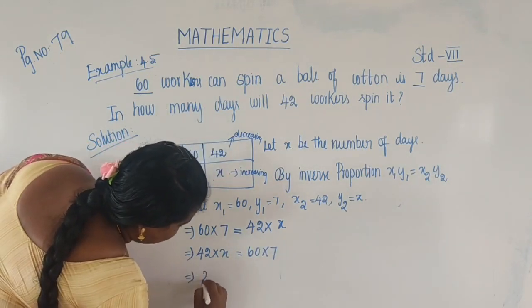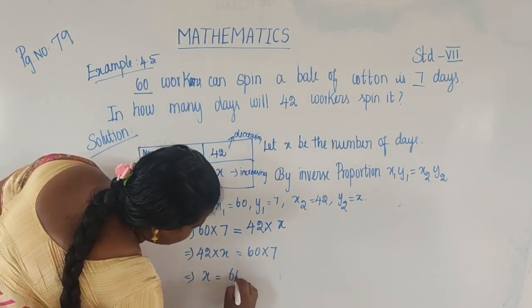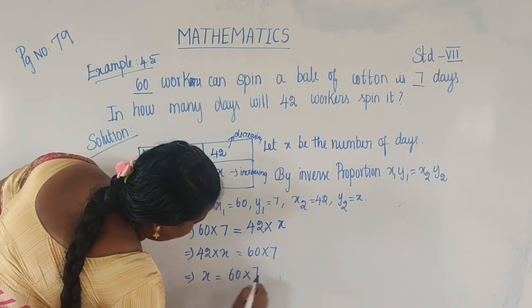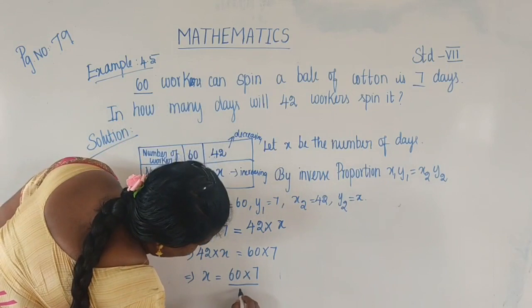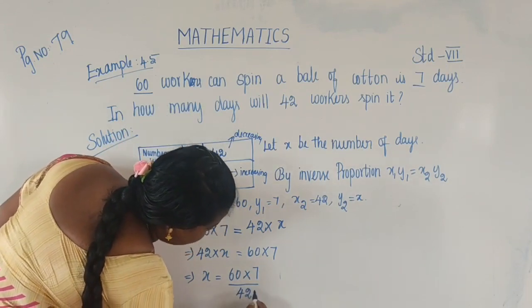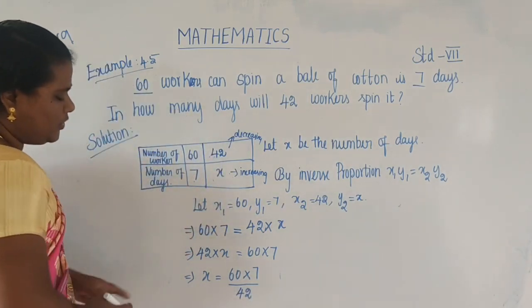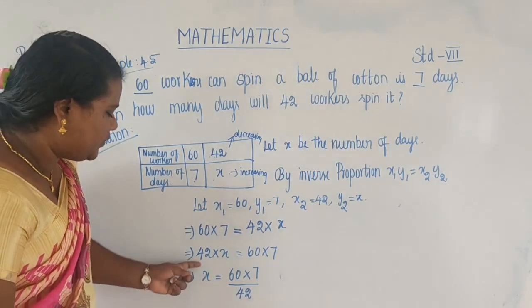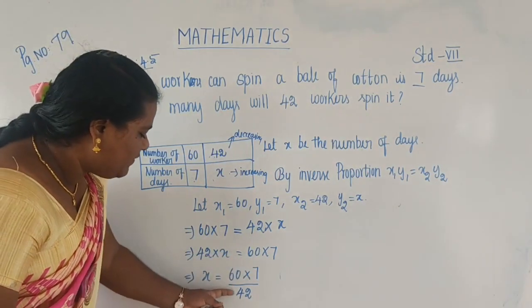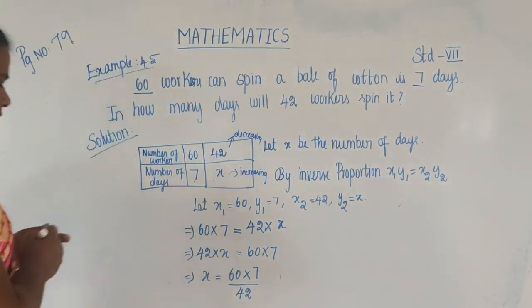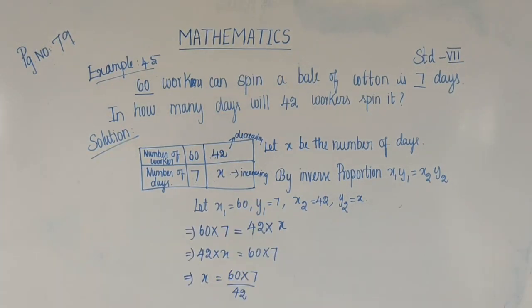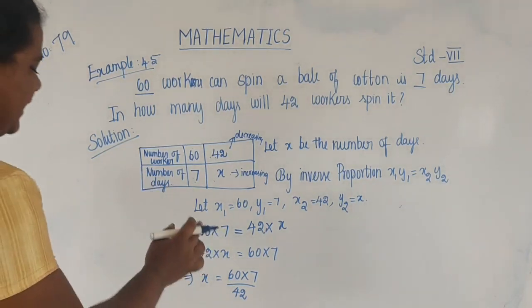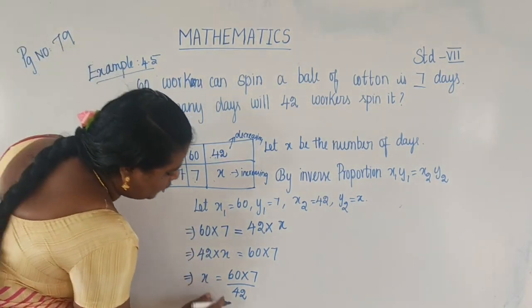So x equal to 60 multiplied by 7, and 42 goes to the other side, so divided by 42. So x equal to 60 multiplied by 7 divided by 42.